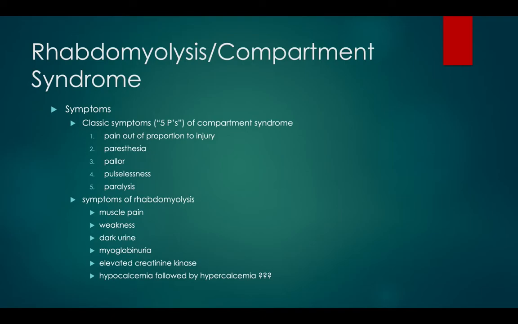So you get pain out of proportion to the injury. You get paresthesias, pallor, pulselessness, and paralysis. So the pain out of proportion to the injury is a result of ischemia to the tissue. So say you have a broken leg. Obviously, it's going to be very painful because there's a fractured bone.